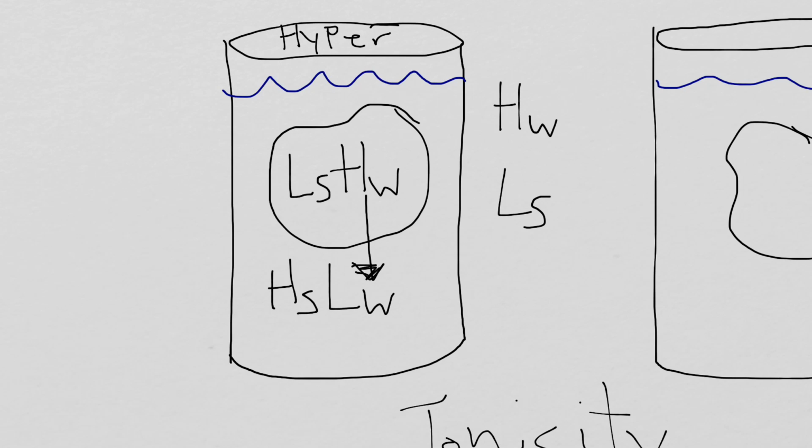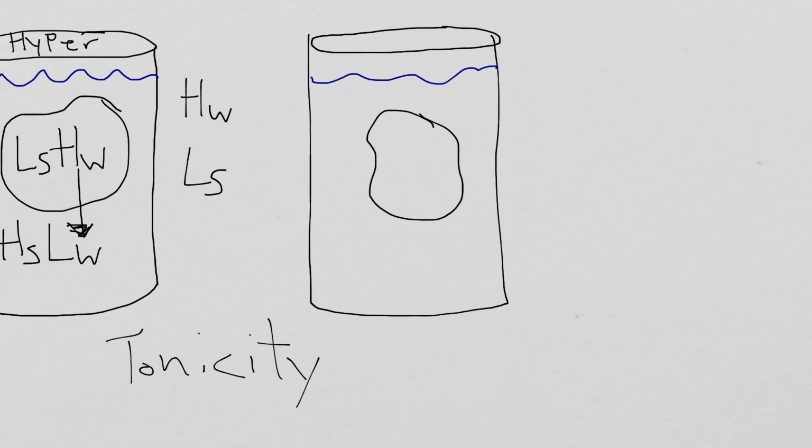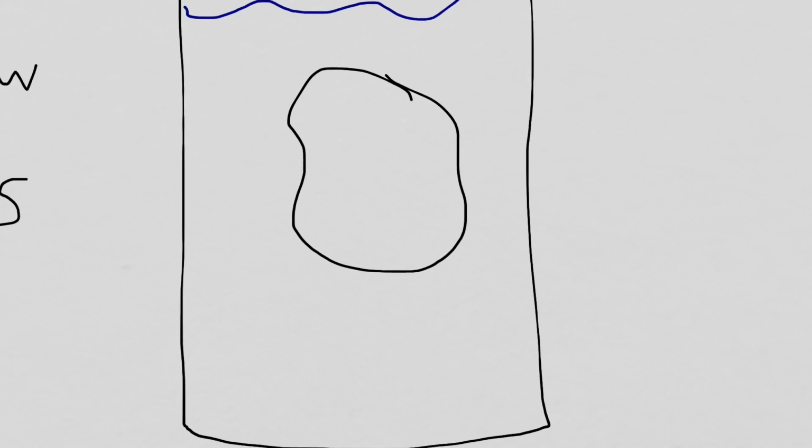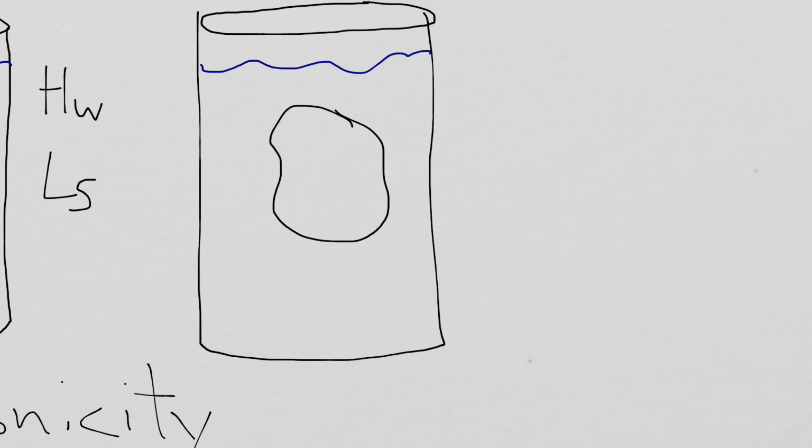On the other hand, if we go over to this one, we go the opposite, where the concentration of your solute is lower on the outside, which would mean it would have to be higher on the inside. Then we can figure out the water as well: the water would be high on the outside, and the water on the inside would then have to be lower.